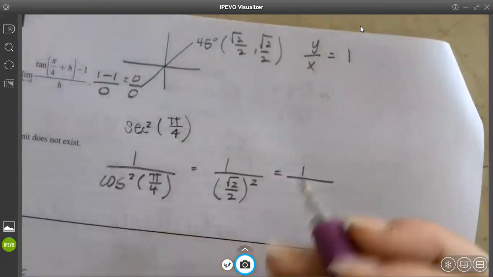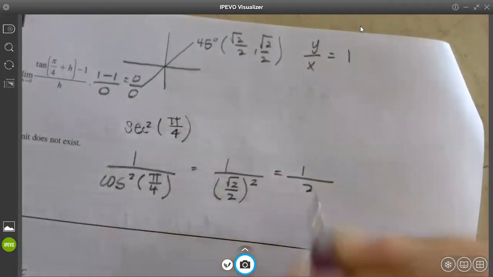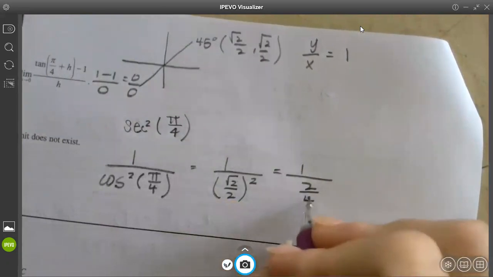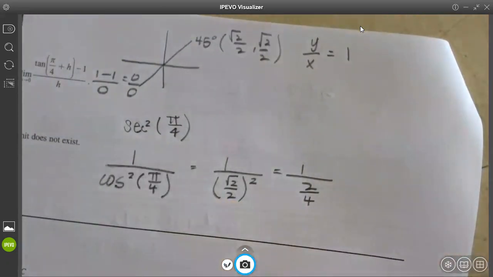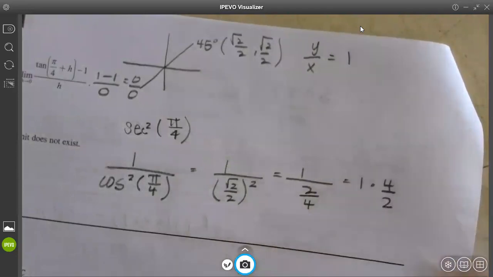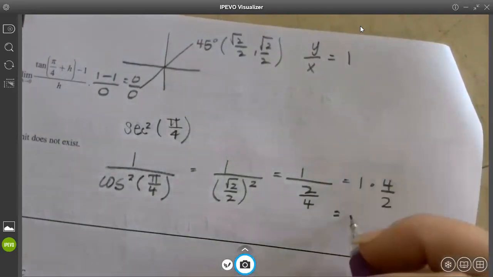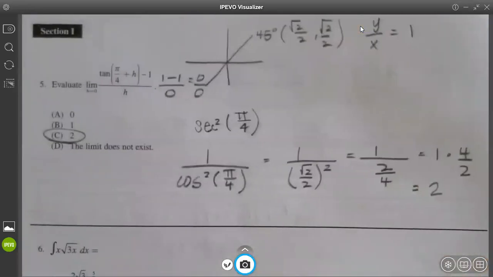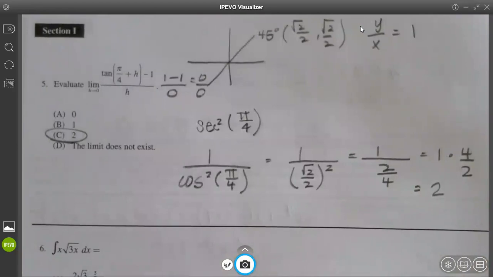Square root of 2 squared is 2. 2 squared is 4. We don't divide fractions. We do what? So 1 times 4 over 2. What is 4 over 2? Times 1 is 2. Any questions?